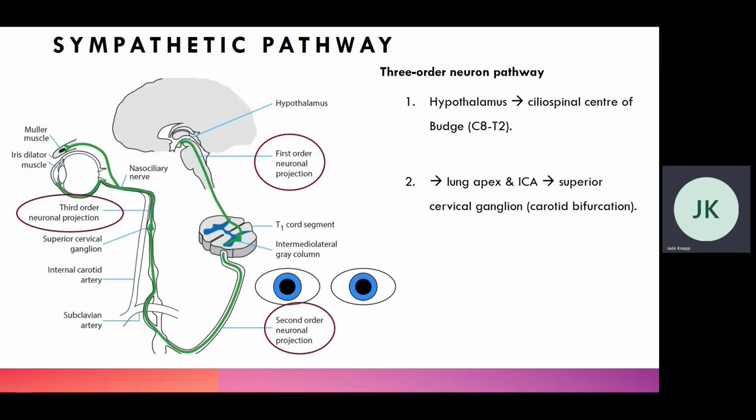The reason that this is important is because clinically you can determine where the lesion is likely to be. Is it something in the hypothalamus? Is it stroke or demyelination or infection? Is it something in the spinal cord? From the spinal cord, it then projects over the top of the lung and up the internal carotid artery. So the two conditions we worry about there are lung tumor, apical lung tumor, or the very important one is a carotid dissection.